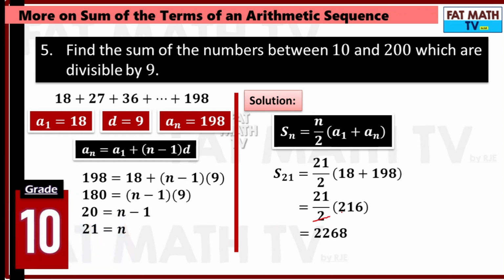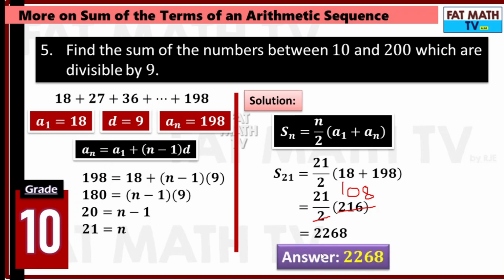You can cancel this, you will have 108. And 21 times 108 is 2,268. So the sum of the numbers between 10 and 200, which are divisible by 9, is 2,268.